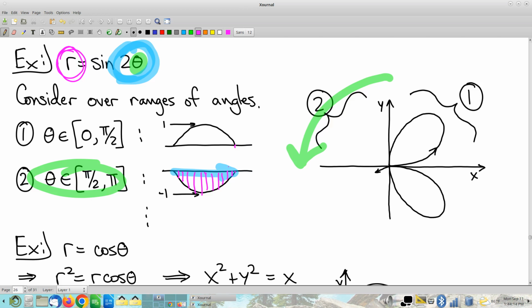Now, this one's a little bit weirder because as my theta goes over these values, notice that the r is going to be negative. And that means that as I'm, for example, pointing this way, the r is going to tell me how far to go back in this other direction, as it were. So, again, a little bit creepy to think, but for example, for that value of theta, we're going to go back a negative amount as indicated by the value of r, thus putting me at a point such as here.